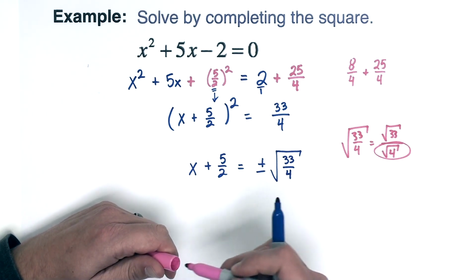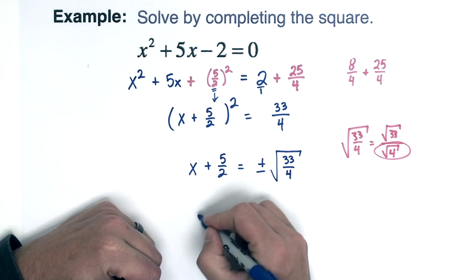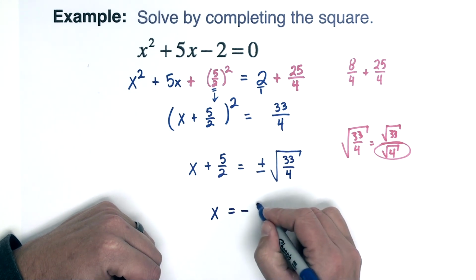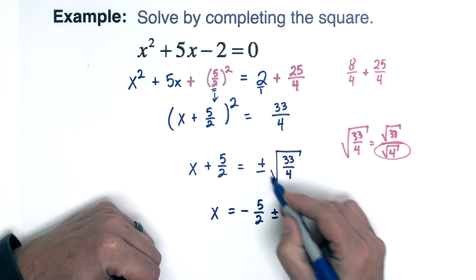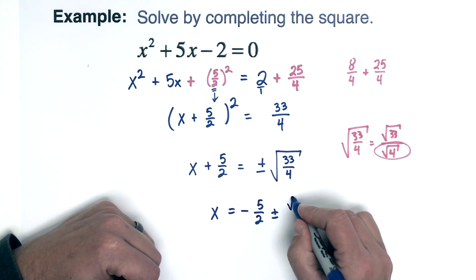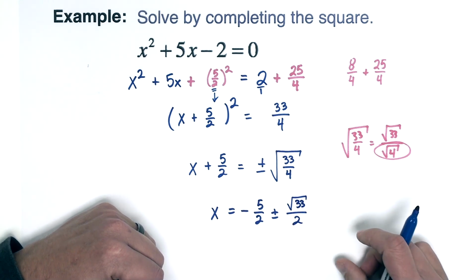That's a perfect square, so I can simplify that denominator. So this is going to become x equals, I'm going to move that 5 halves over, and now this square root of the fraction is going to become this. Square root 33 over 2.